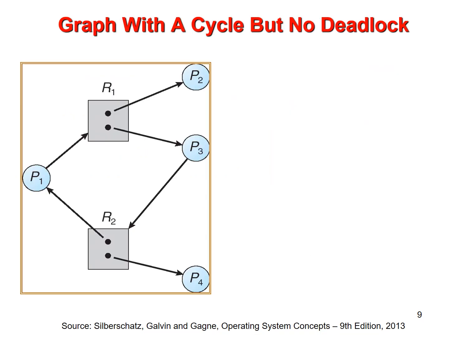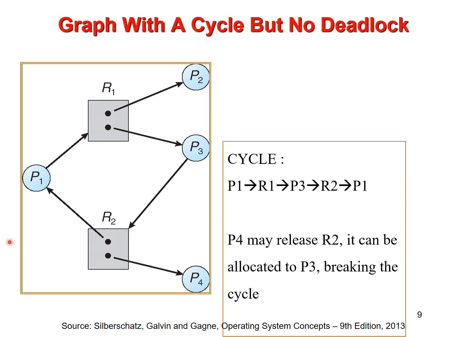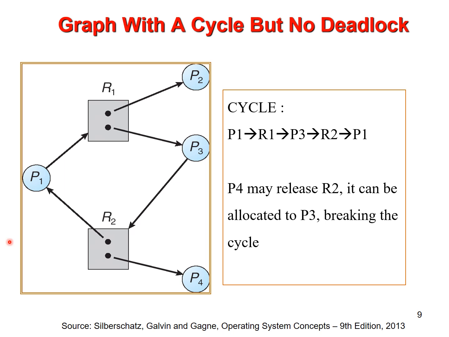Now this is a graph with a cycle. Let us see how it will not lead to a deadlock. For example, in this resource allocation graph, you have a cycle, say P1, R1, P3, R2, P1. So though there is a cycle, there is no deadlock.